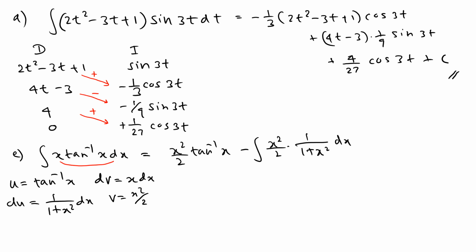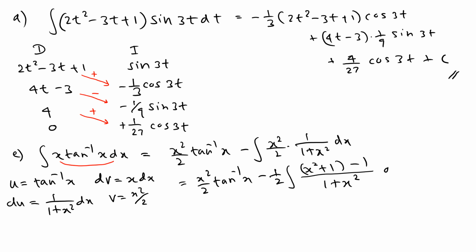X squared over 1 plus x squared you can write in a different form. What you normally do is you divide, but I'm going to do it as a trick. You can write this by adding and subtracting 1: (x squared plus 1 minus 1) over 1 plus x squared dx. Okay, that's clear. You add and subtract 1.